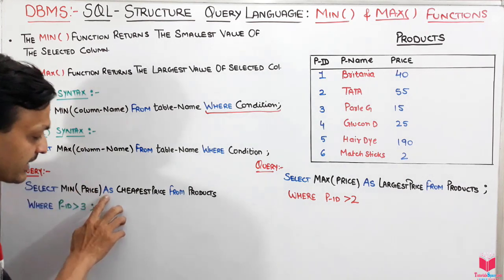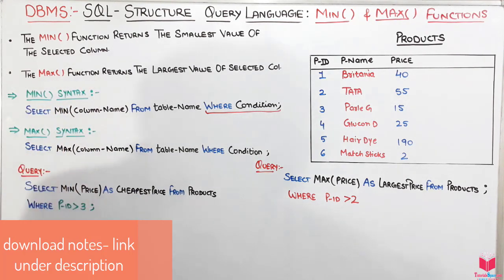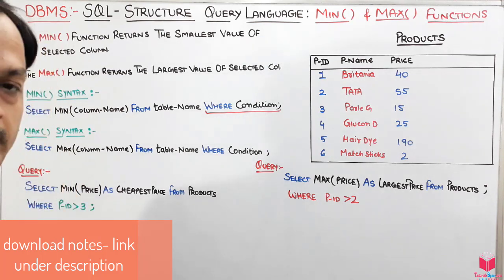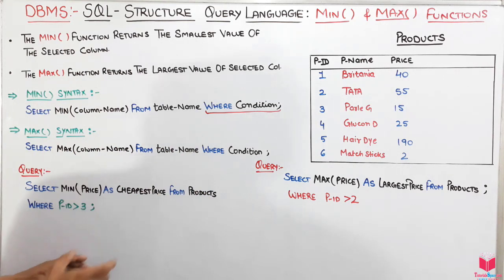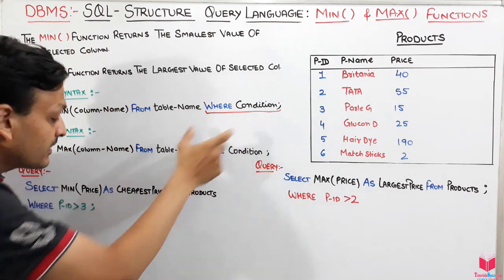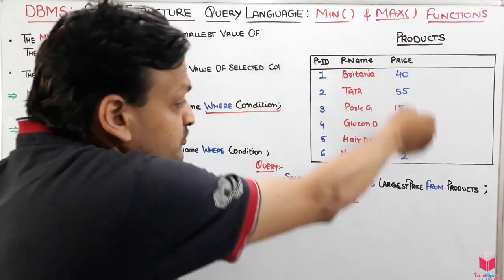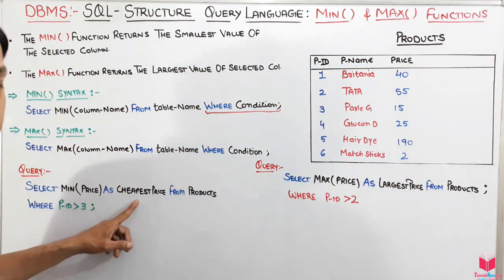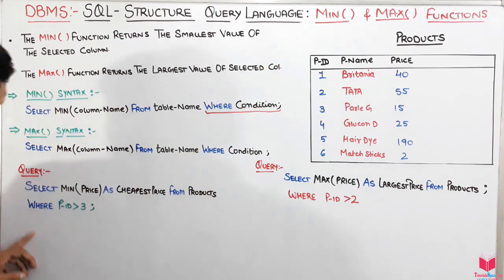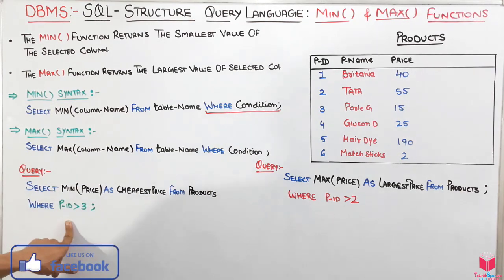See carefully, AS cheapest price: it will return a table where the column name will be cheapest price, and the cheapest value from all the values will be written under it. FROM products, WHERE PID greater than 3. Again we have mentioned a condition that PID should be greater than 3.